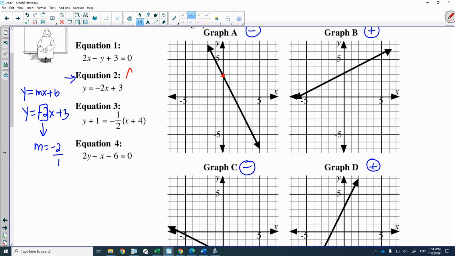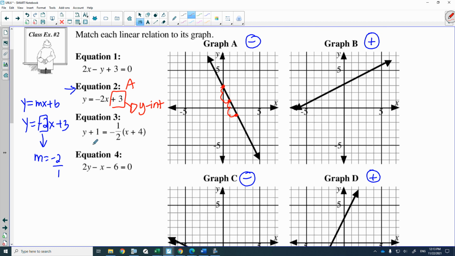So the answer is A, because this is your y-intercept. Then to double check, you could follow your slope, right? So our slope was negative 2 over 1, down 2 to the right 1, down 2 to the right 1. And you make sure you keep going back to your line, down 2 to the right 1, down 2 to the right 1. Okay? So the answer for that one is A.